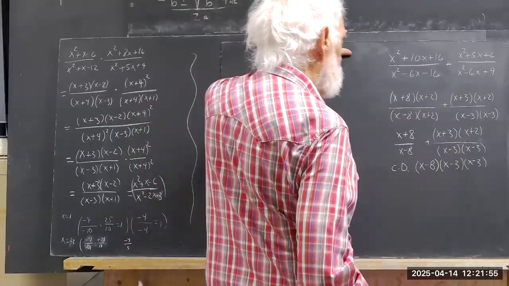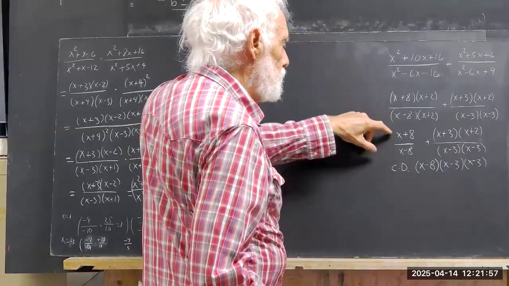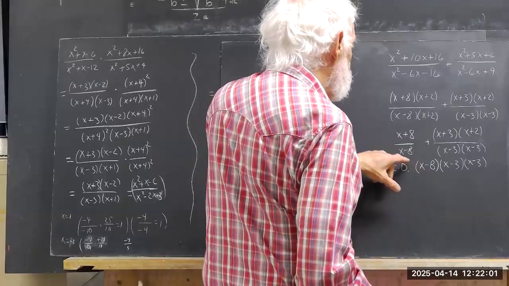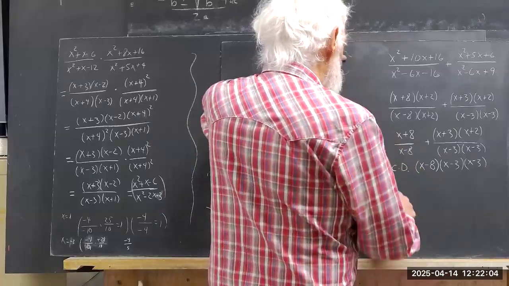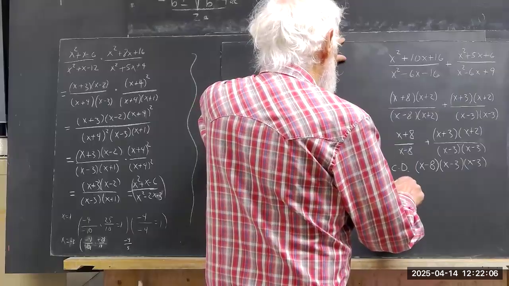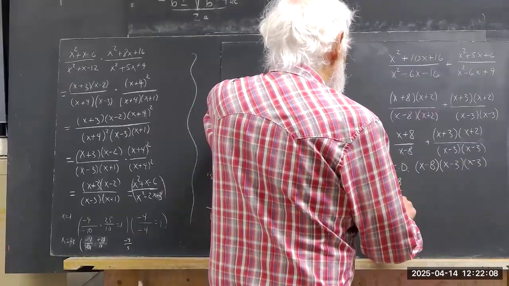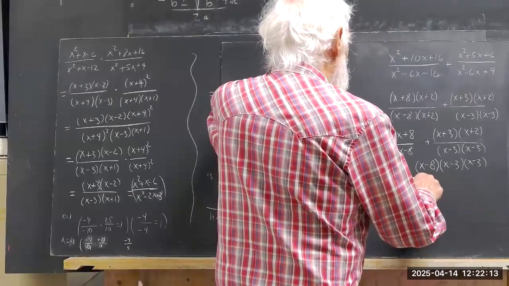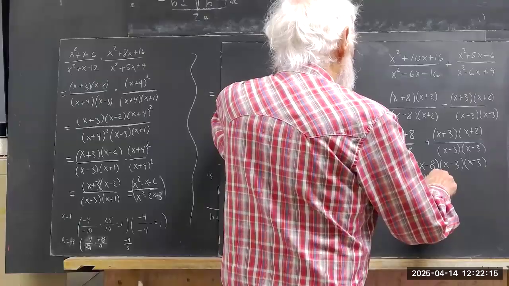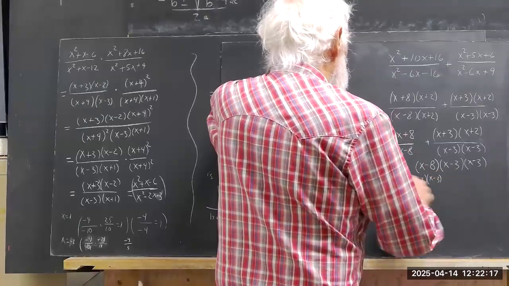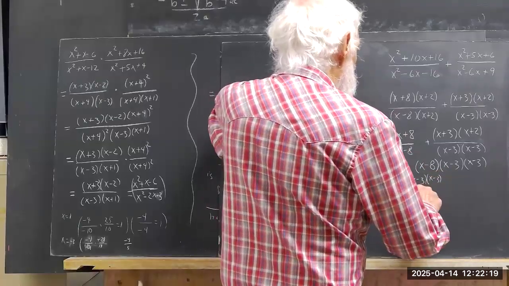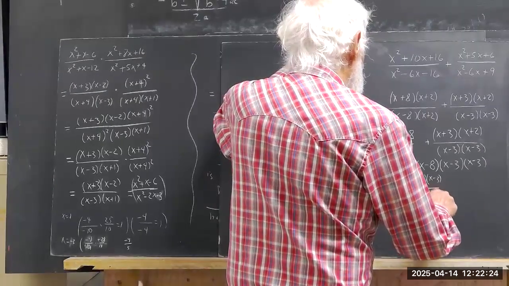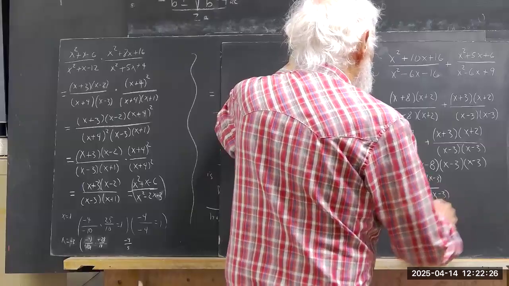Now we put everything over the common denominator. The first fraction, the rational expression (x plus 8) over (x minus 8), only has x minus 8 in its denominator. So we write out (x plus 8) over (x minus 8). We've got to multiply that by (x minus 3)(x minus 3). The denominator has to be multiplied by a couple of x minus 3s, and the numerator's got to match the denominator.